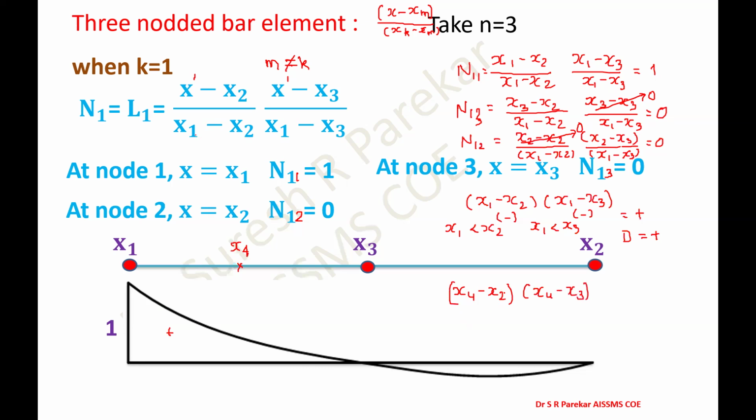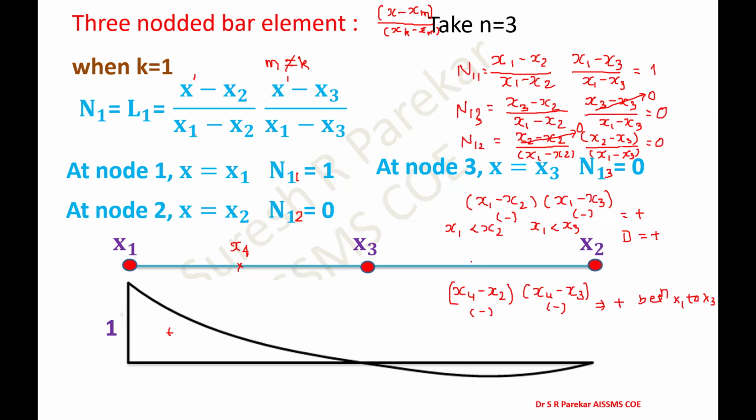Now see x4 minus x2. Now which value is greater? So we have x2 greater, so this value is minus. Now x4 minus x3. So again x3 is greater, so we are going to get this minus. And therefore we will get this value plus. So this is between x1 to x3.